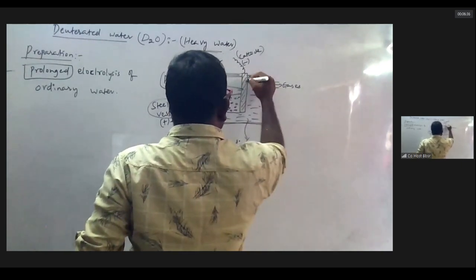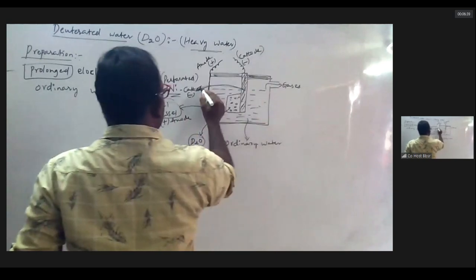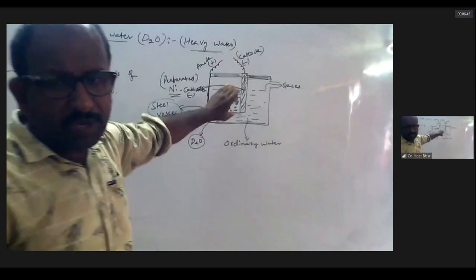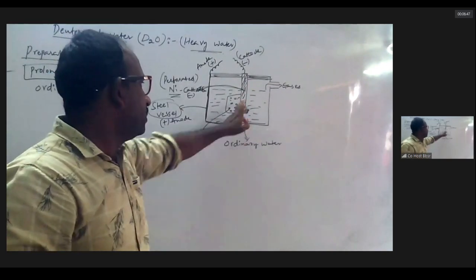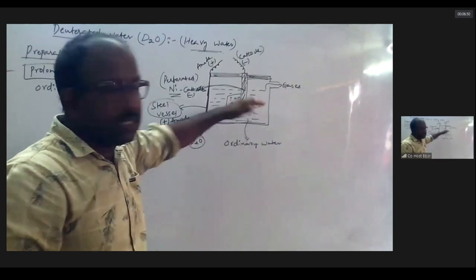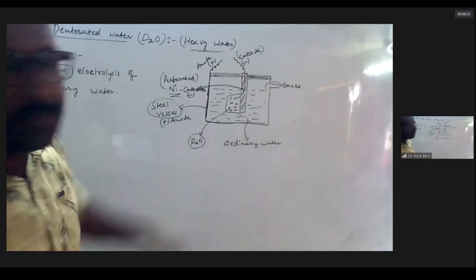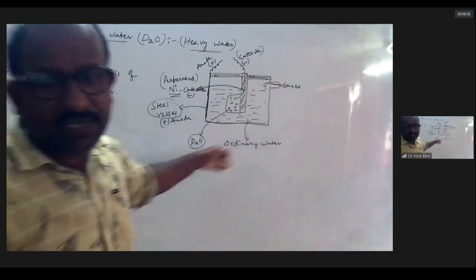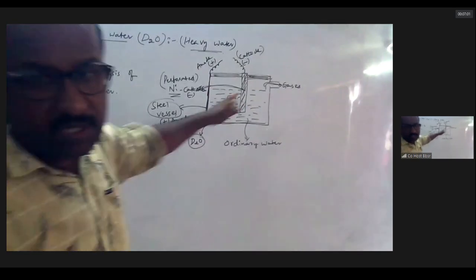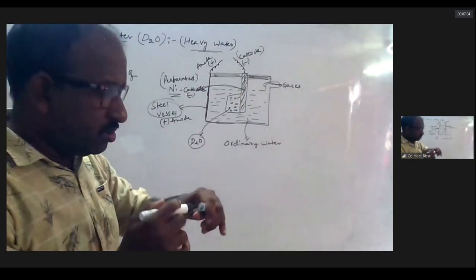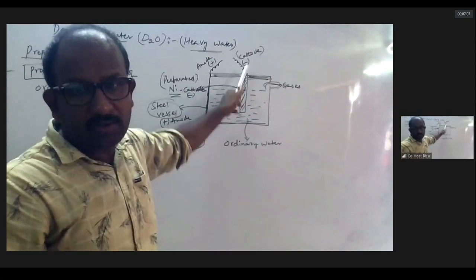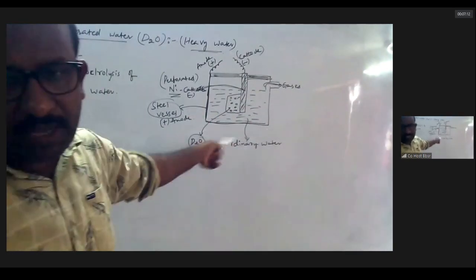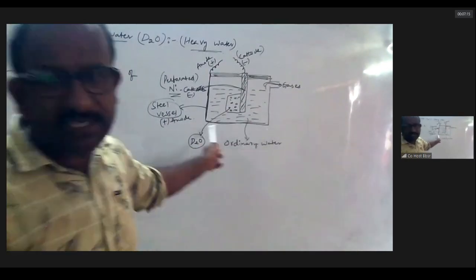The perforated nickel rod, perforated means porous. इसमें ऑर्डिनरी वाटर लेते हैं, इसमें कुछ गैसेस फॉर्मेशन होने से बाहर जाने के लिए. This steel vessel is acting like an anode, positive electrode. This perforated nickel cathode is acting like a negative electrode. Steel vessel itself acts as anode.